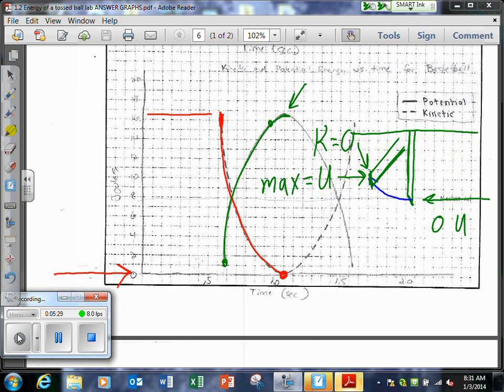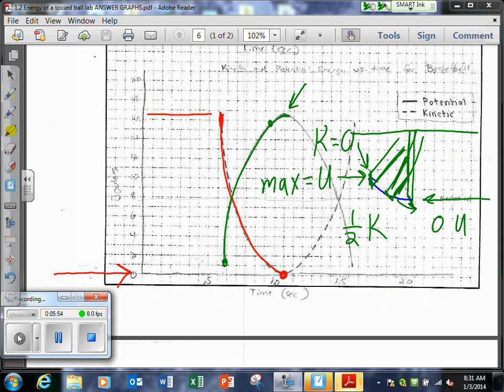But then what happens right here in the middle is the question. Because we know it's moving. I didn't draw that very well. We know it's moving, so it has a velocity, and so it has kinetic energy. So maybe at that point it might have half kinetic, but then it also has a potential to fall further, right?